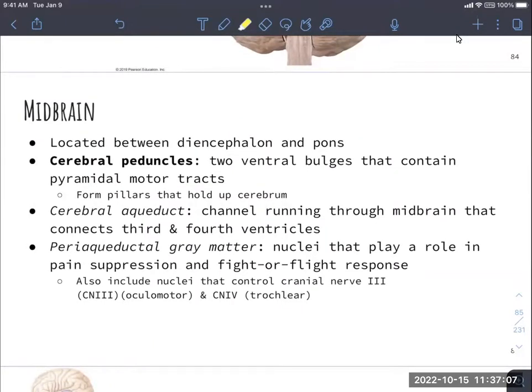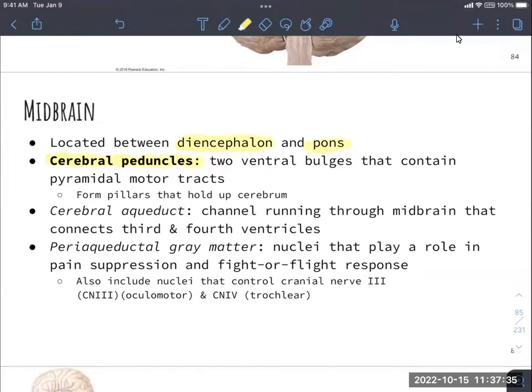So our midbrain, we have our diencephalon above and our pons below. We have what are called cerebral peduncles. And they are ventral, so they're on the front part of that brainstem.